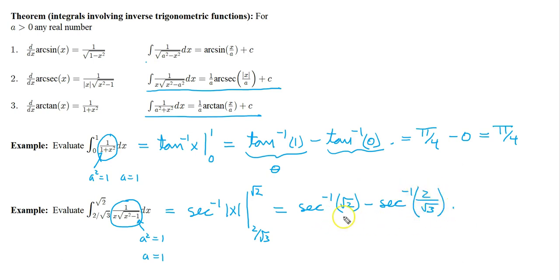And there we go. Now if you want to evaluate this, most calculators don't have an inverse secant button, but you can use the fact that this is equal to, alright, and calculators do have an arc cosine button on them.